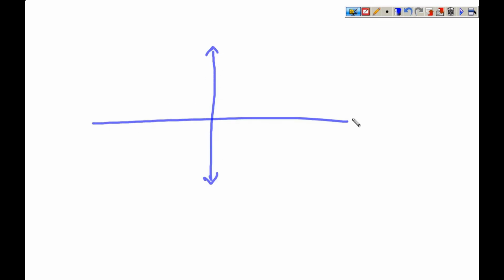So making the graph, the graph will look something like this, and this is the y, this is the x part, right?